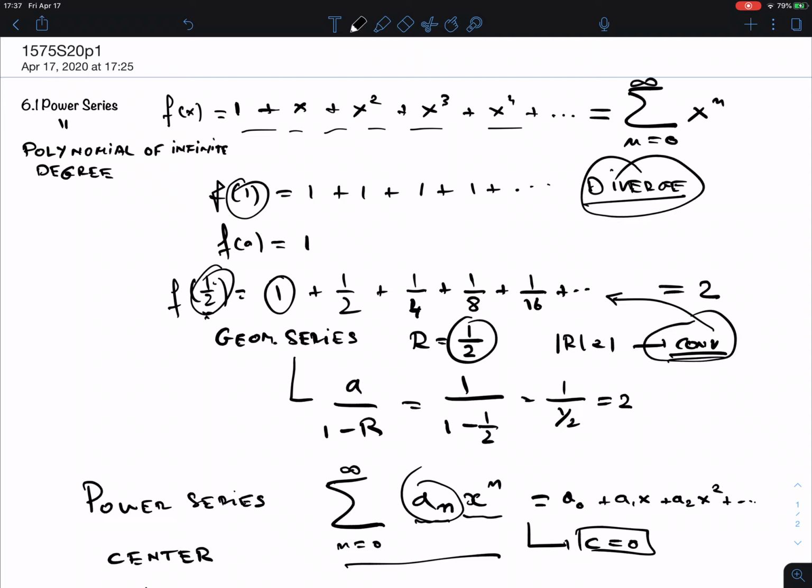What we're asking, if we think of this as a function in x, is that you cannot put everything in there. x equals 1 is not allowed, so it's outside the domain of this function. But a half is inside the domain of this function. So the question on divergence and convergence is really a question about the domain of such a power series.